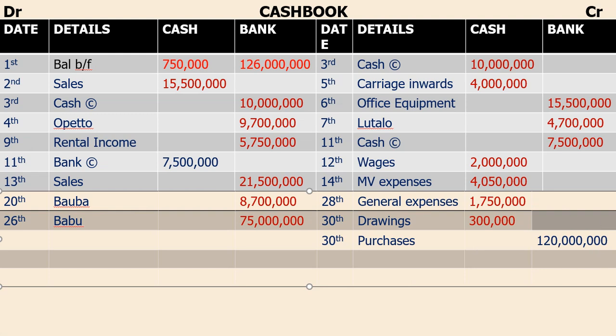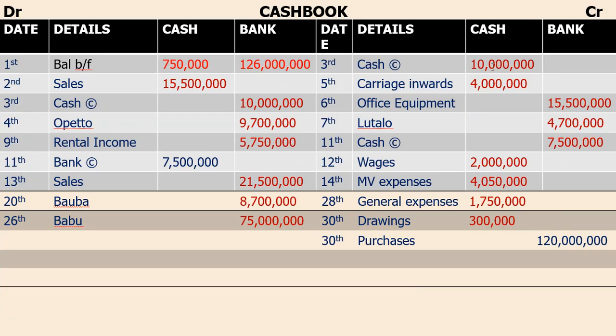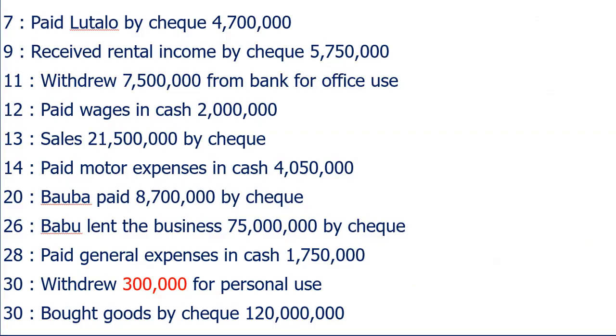That one is sorted. So maybe we shall do a flashback and see the bank from cash. We are crediting cash because of bank. Let's go back and see.